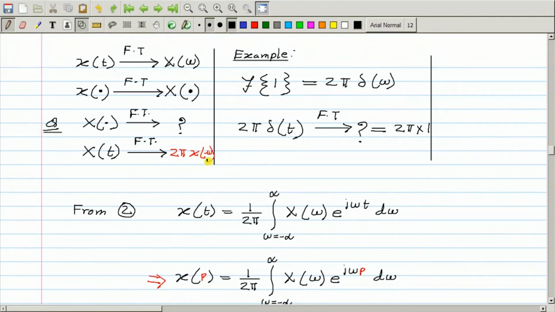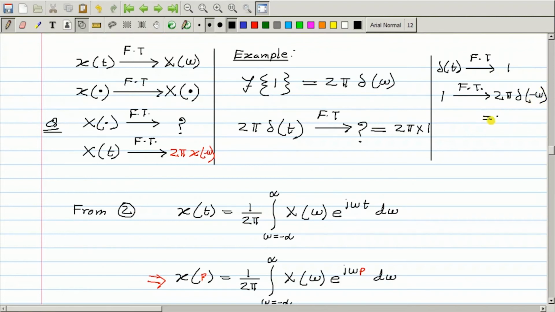To make it more clear with an example, we know that Fourier transform of delta t is 1. Therefore, if you want to calculate Fourier transform of 1, according to this formula, we should get this 2 pi and then this delta with minus omega as the argument.